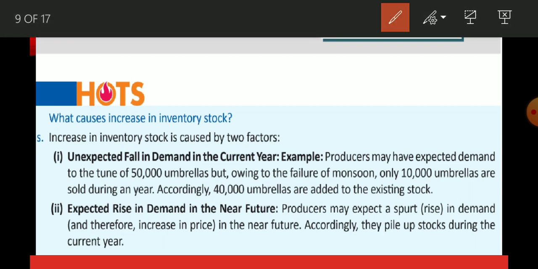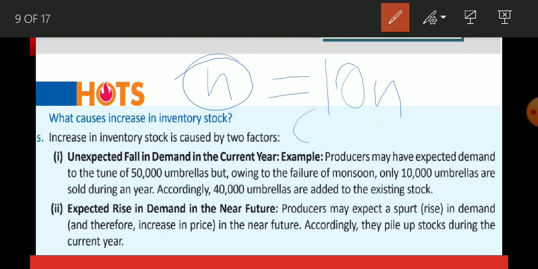Suppose a trader is producing X commodity. He is thinking that its demand is going to be 10x, but suppose there is demand of only 6x. In this way, this 4x will be with the trader, and this will be inventory investment. So the first reason is unexpected fall in demand in the current year.